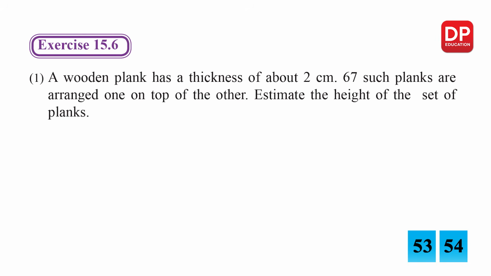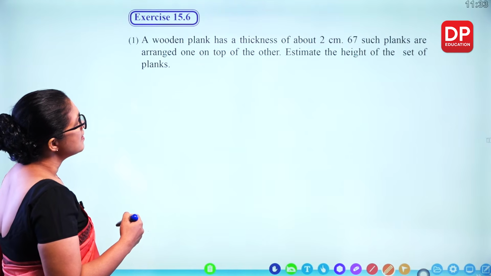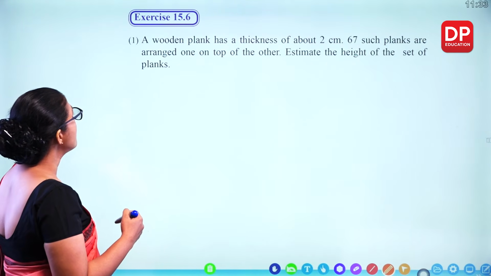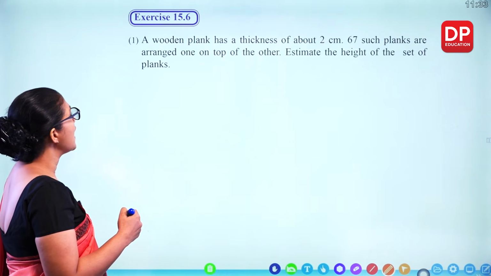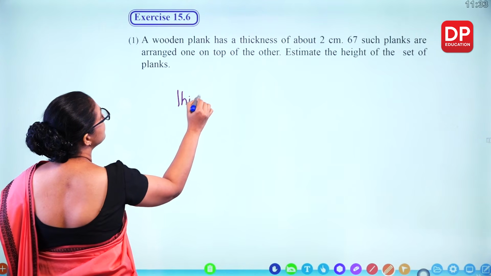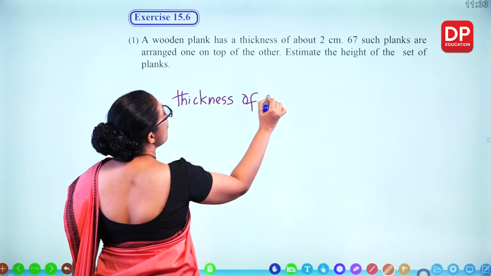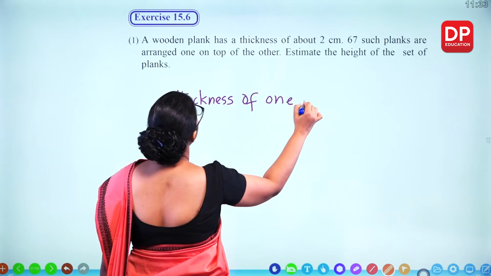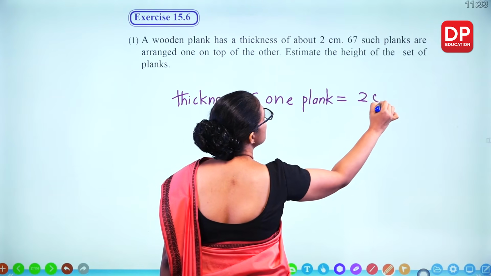Exercise 15.6. A wooden plank has the thickness of about 2 centimeters. 67 such planks are arranged one on top of the other. Estimate the height of the set of planks. So you can write thickness of one plank, 2 centimeters.